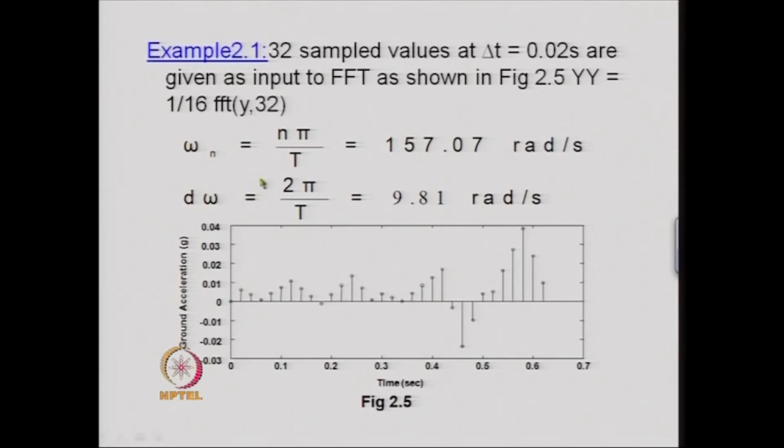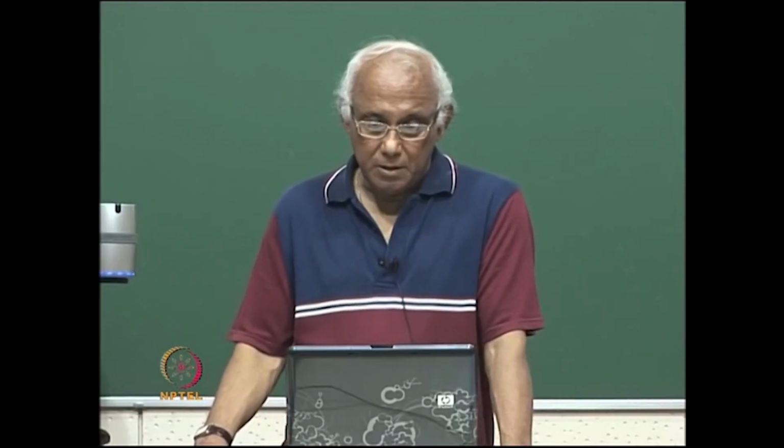The omega n over here denotes the Nyquist frequency or the cutoff frequency. After this frequency, the complex numbers that we obtain from the FFT repeat in the form of complex conjugates.